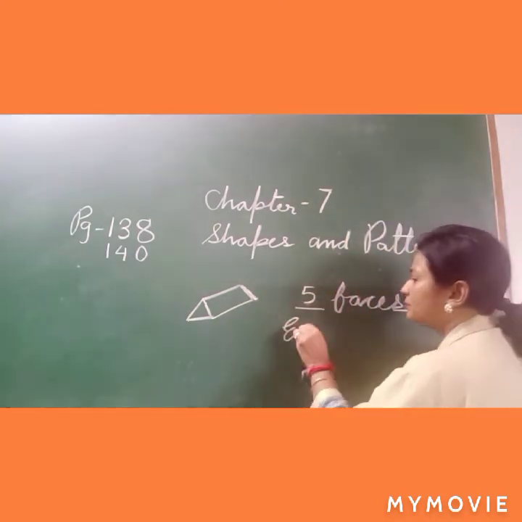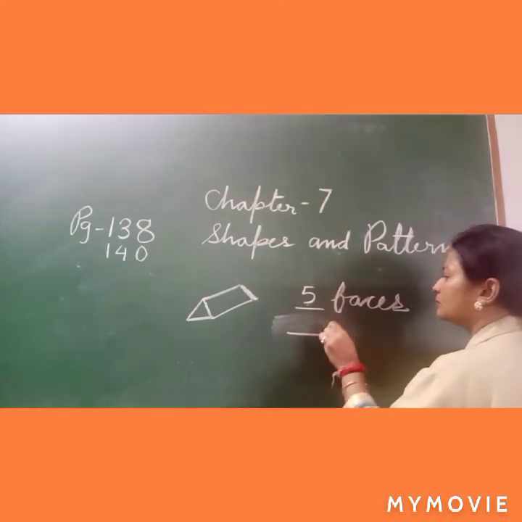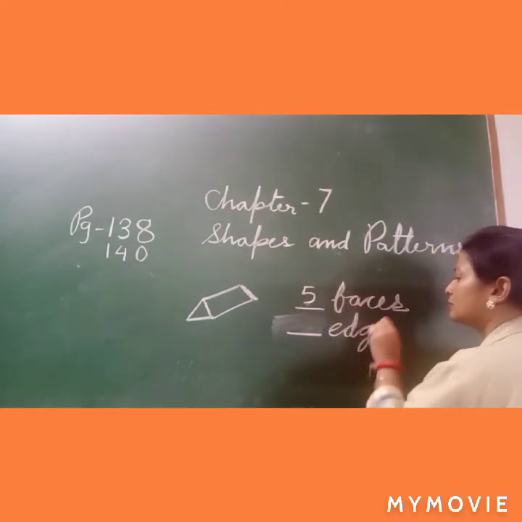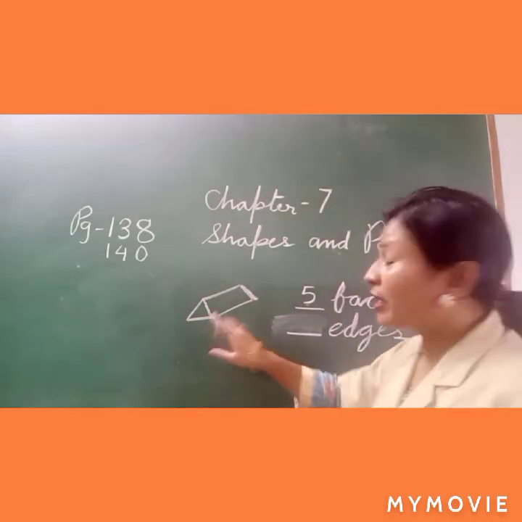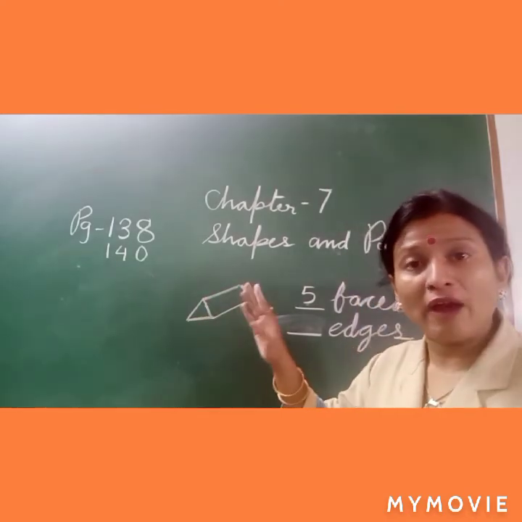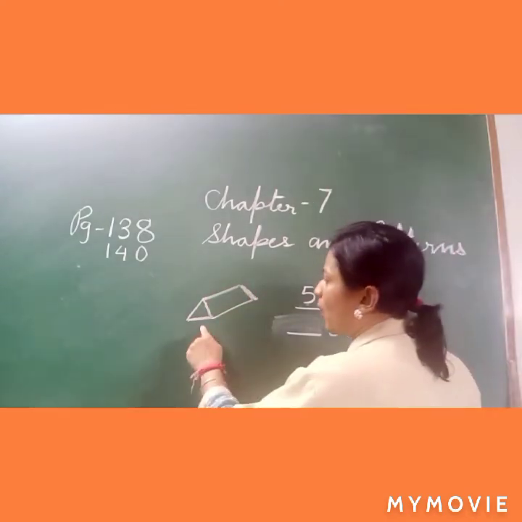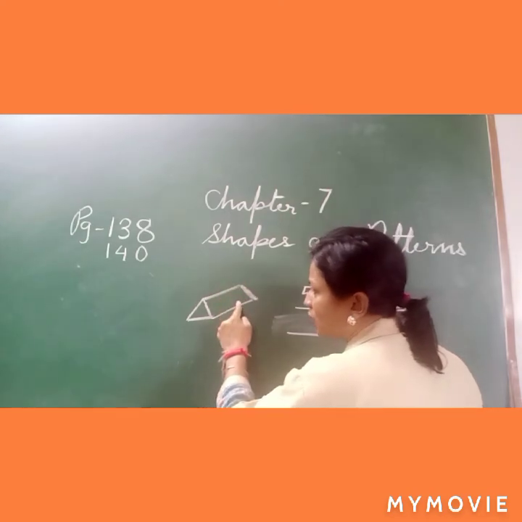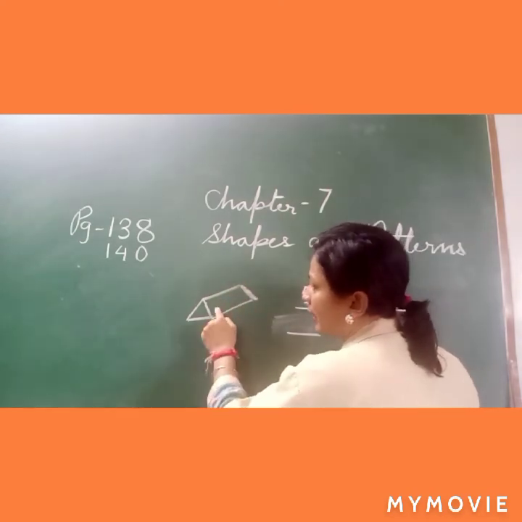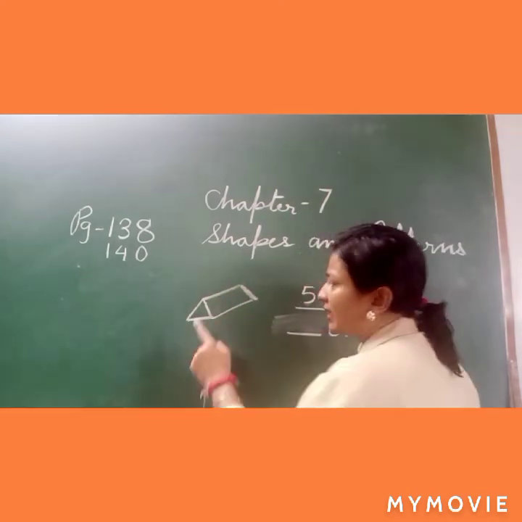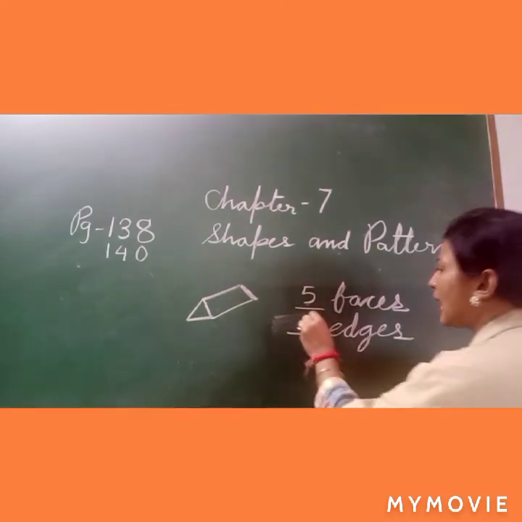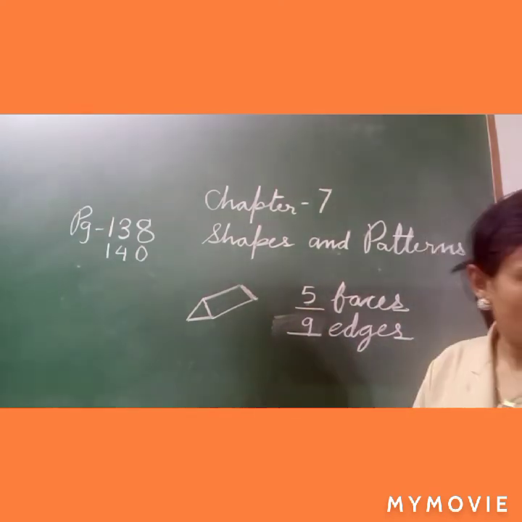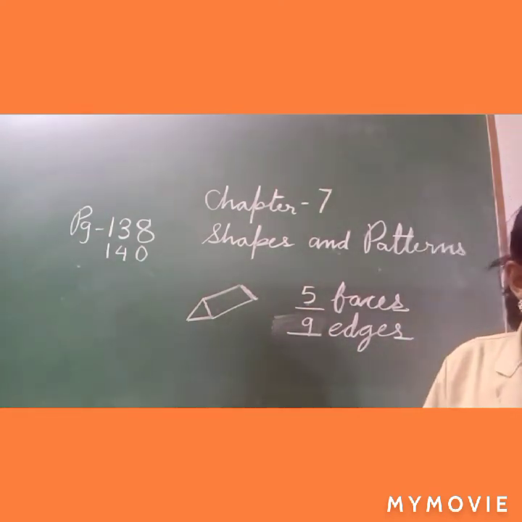Edges, imaginary lines are there, you have to imagine. 1, 2, 3, 4, 5, 6, you can see here 7th one, there 8th one and here 9th one. 9 edges are there.